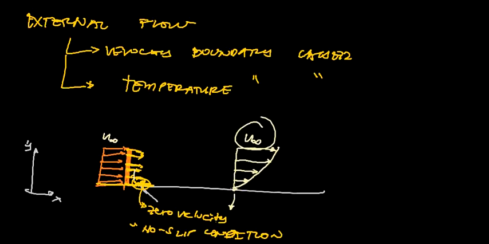So from 0 up to this velocity, that is the velocity profile of external flows using the concept of the boundary layer.